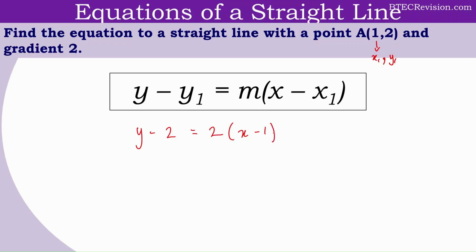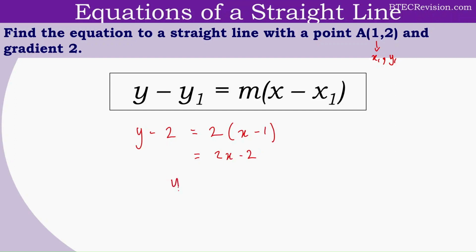Now we can just simplify this equation and rearrange it for y is equal to mx plus c. So we'll start with expanding this, 2x take away 2, and we'll bring the 2 over to the other side from the left.